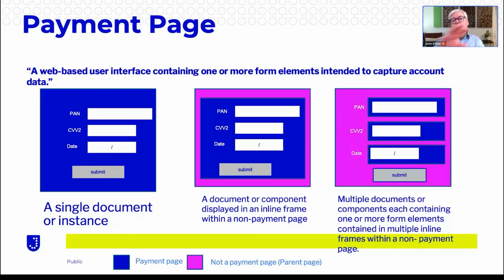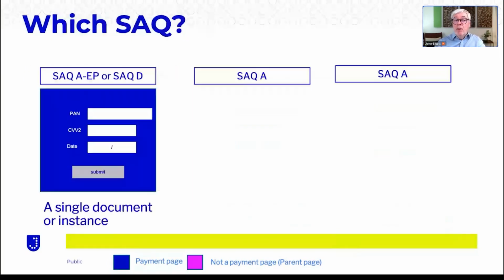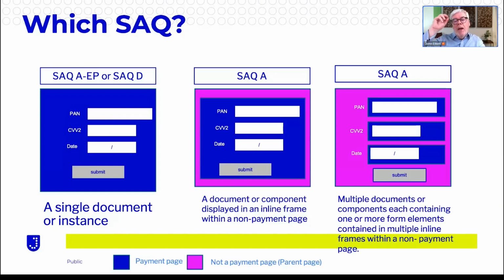So that's what a payment page is. It's the blue bit, which if you know PCI DSS, you'll recognize that if you're doing the single document or instance, that's an SAQ A-EP or SAQ D or a full ROC. Whereas if you're using an iframe, that's an SAQ A, where the payment fields are in one iframe or in multiple iframes.